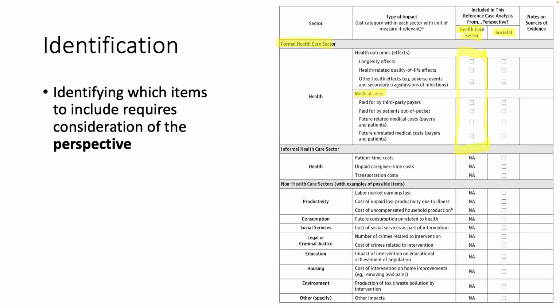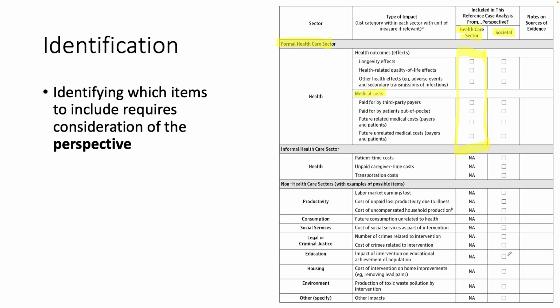And so the costs that we care about are anything that's paid by third-party payers, so insurances, patients' out-of-pocket costs, future-related medical costs, and future unrelated medical costs. So again, anything that's paid for healthcare, direct healthcare costs. We don't care who pays for it, I guess. If it's a direct healthcare cost, then we want to include it.